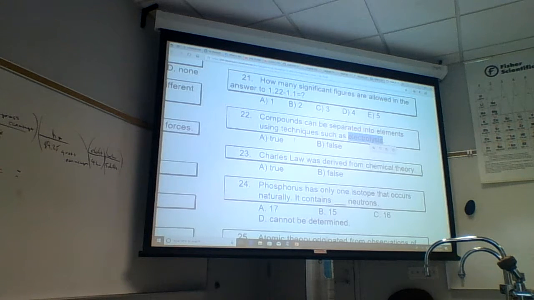And once you hit a certain voltage, the water will start to decompose.